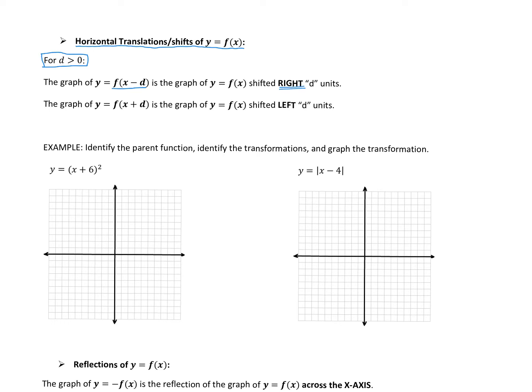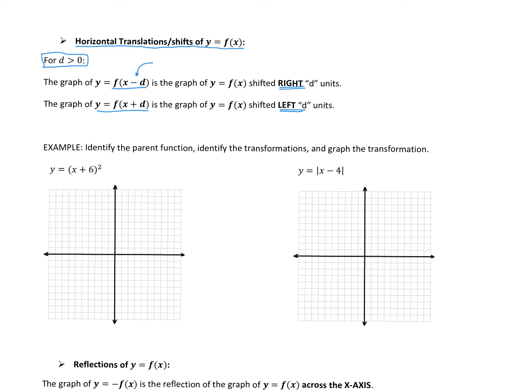So it's kind of opposite of what you think. You might think a minus sign is going to go to the left, but it's to the right. And if we have y equals f of x plus d, we're going to shift it to the left d units. So here, we're not adding to the whole function, we're adding or subtracting from the x value.